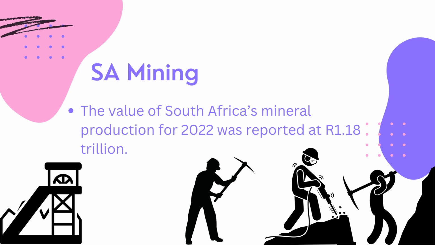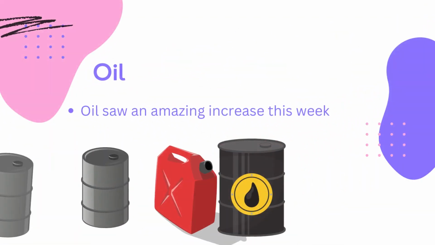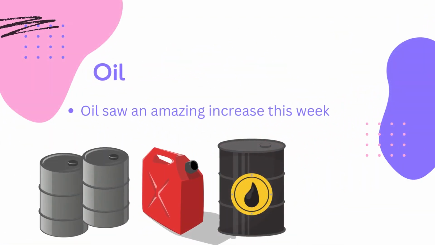However, Transnet was flagged as a problem to the productivity of the industry, followed by load shedding and stagnant investment in the sector. Oil saw an amazing increase this week, driven by geopolitics and China's economic reopening from the pandemic.